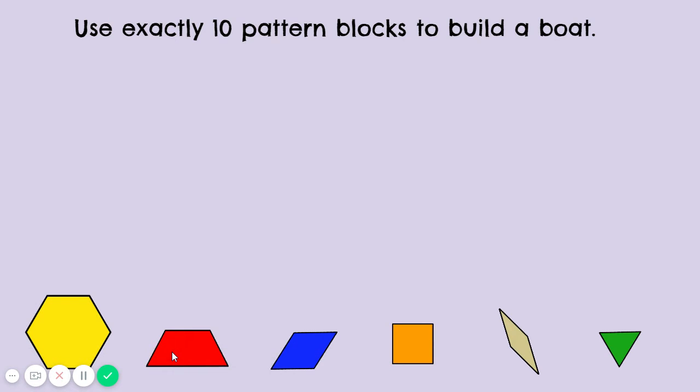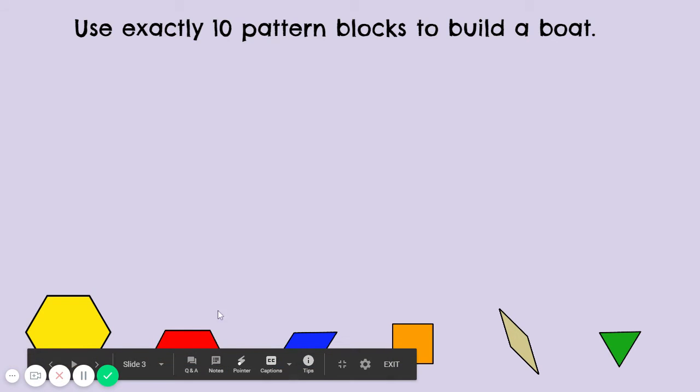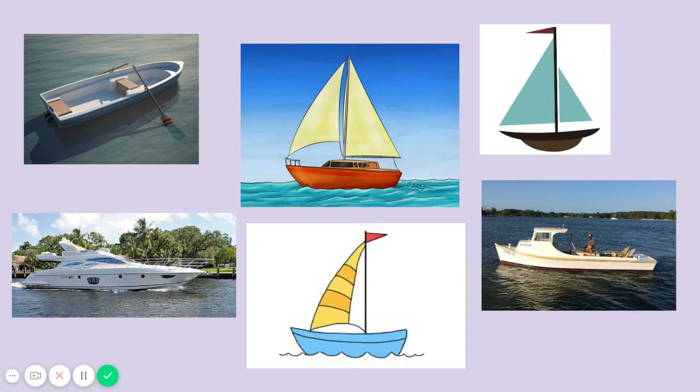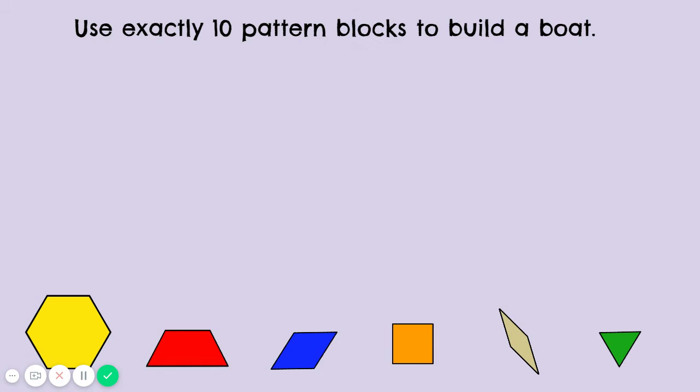Even though a lot of the shapes have the same number of corners and sides, boys and girls, we know that these shapes are not the same because their sides are different lengths and go in different directions and different angles. So what I want you to do is get your pattern blocks ready and referring back to these pictures if you need to go back in the video.